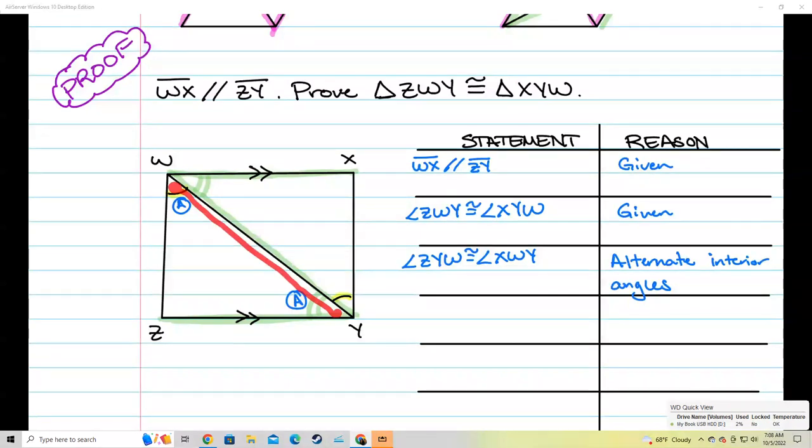I'm going to say segment WY is congruent. WY, yellow to green. I'm going to do the same thing, yellow to green. That's going to be YW. So in this case, the letters do switch, okay? And when you say something is congruent to itself, that's giving me this thing right here. When you say something is congruent to itself, we say that that is reflexive property.